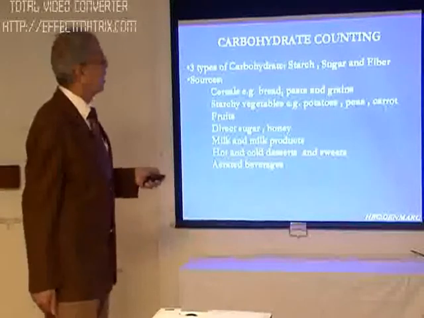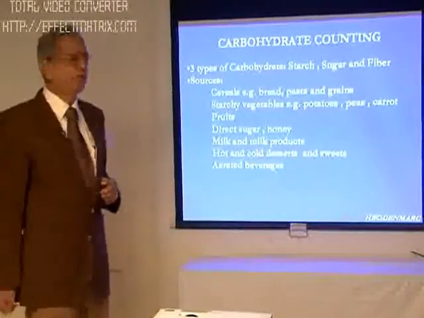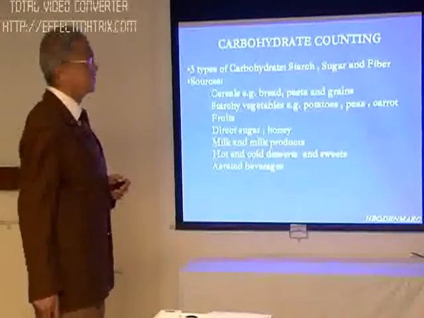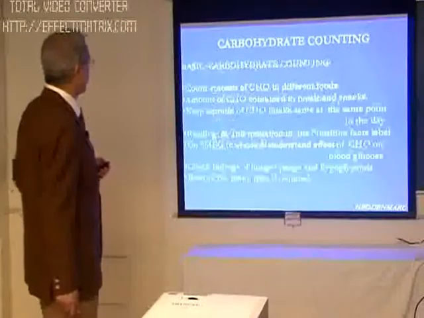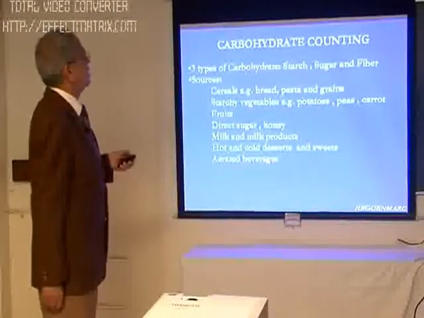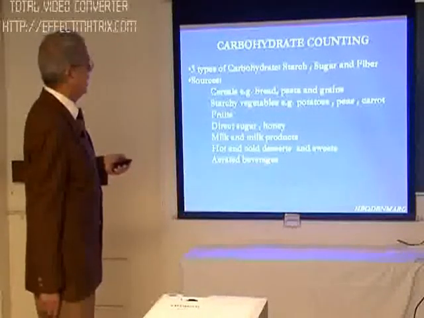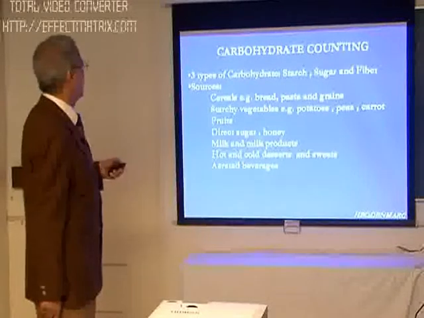The main thing required there is carbohydrate counting. The patients are trained in carb counting, and most of them after some time do it with great facility and great ease. The main carbohydrates that you count are of course the starchy foods like cereals and pulses, direct sugar and fiber. The 3 types of things you have to consider.